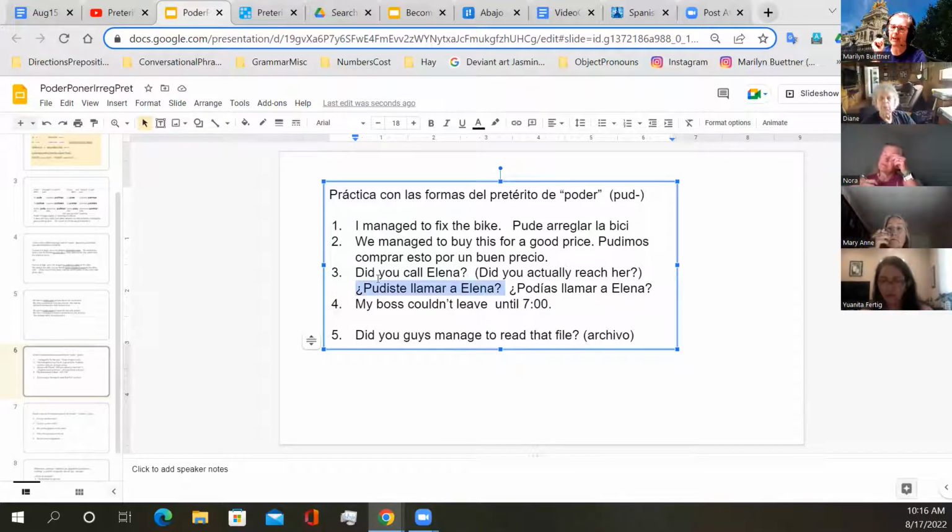Did you make that happen? So it talks about the event actually happening. Whereas podías llamar would just talk about, was the ability there? Did you have an internet connection? Did you have a phone that was working? So podías just talks about the ability.